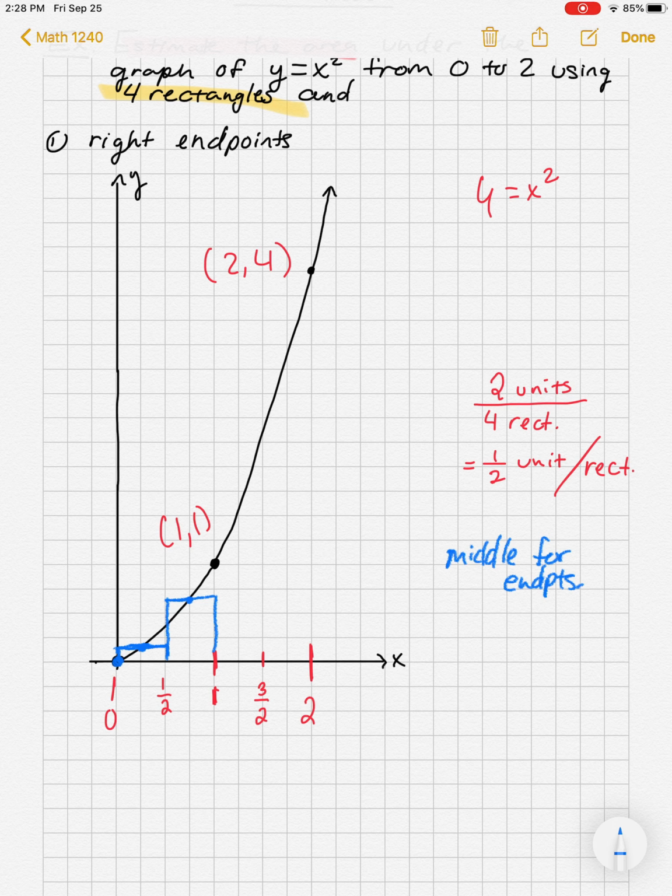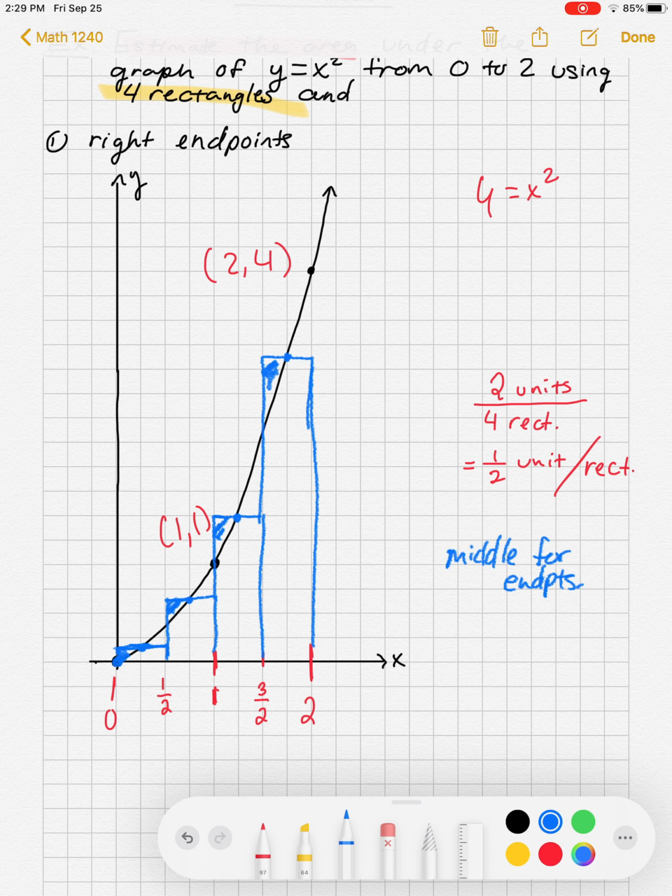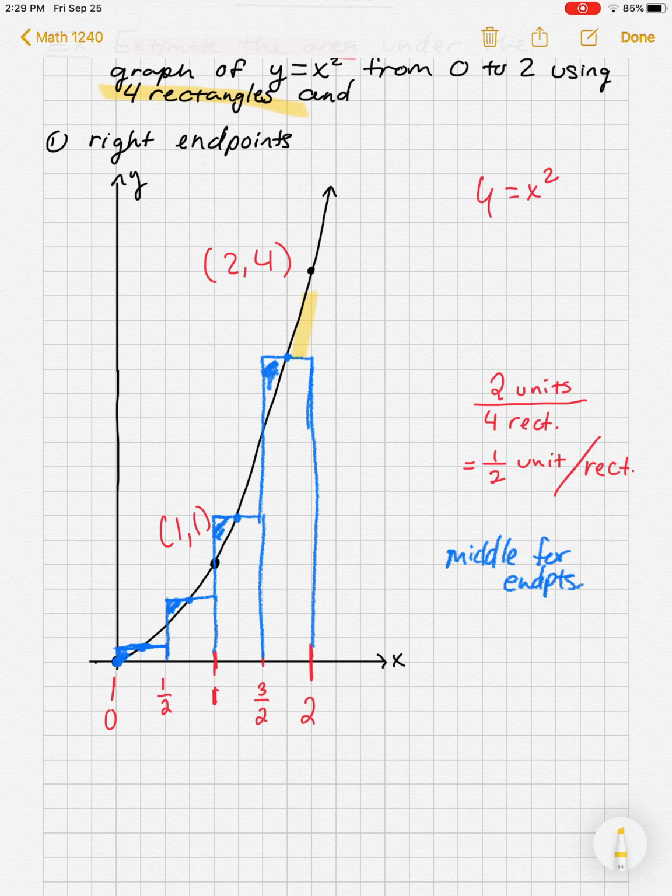So it kind of depends on what kind of curve you're dealing with as far as what the most accurate choice might be. So that's another idea, and that actually seems like it might have given me a reasonable estimate. I'd have some extra areas that I'd be accounting for here, but then I have some areas left out here, here, here, and here.